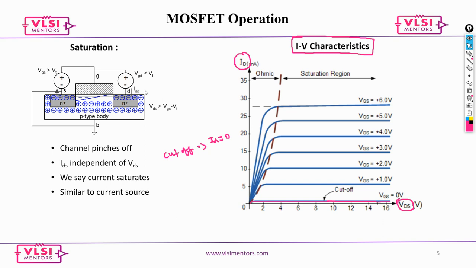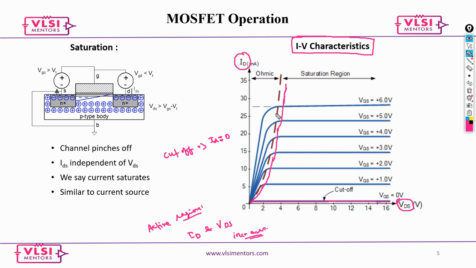We also talked about the active region. Remember, in the active region both ID and VDS increase. That means this is your active region.